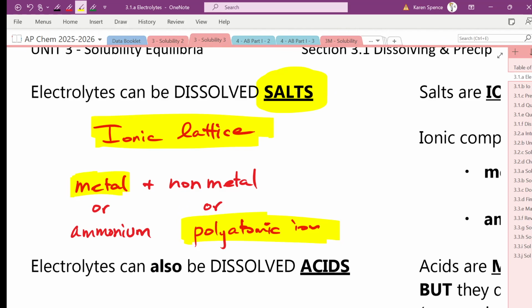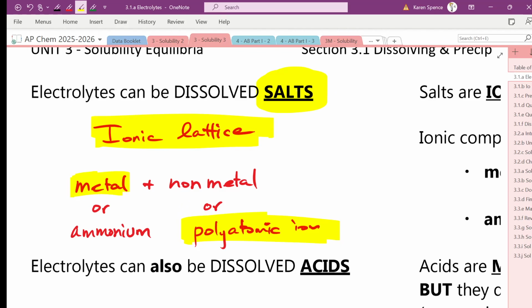Acid, you're on the right track. Acids are not ionic lattices, though. But you're on the right track. COOH, that's an acid. And so that's not an ionic lattice.